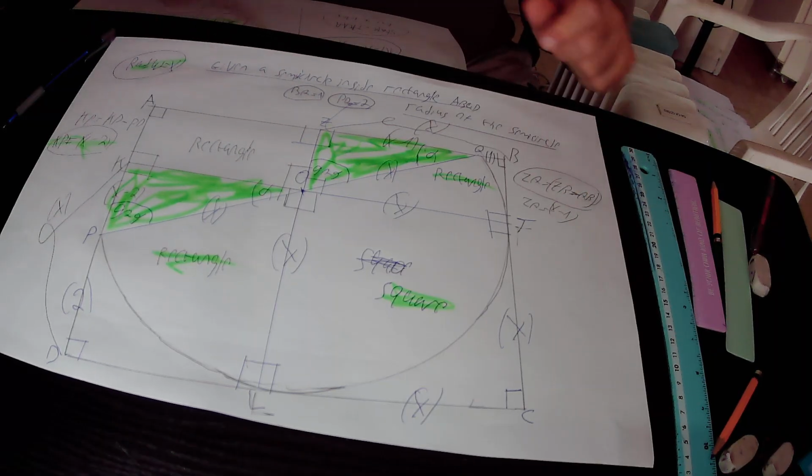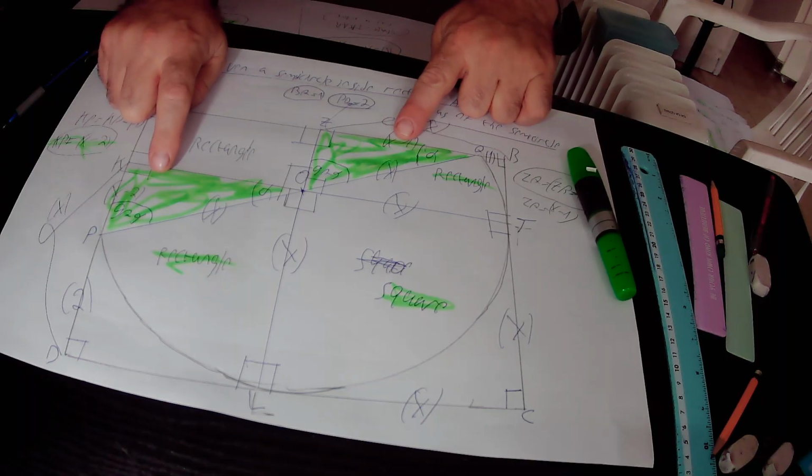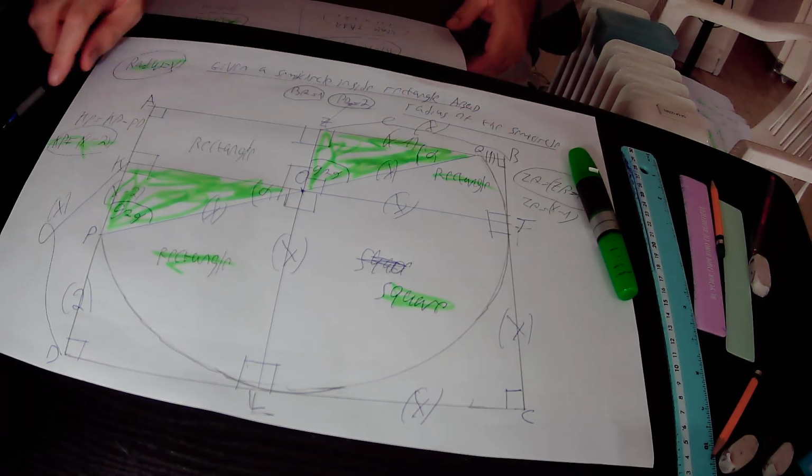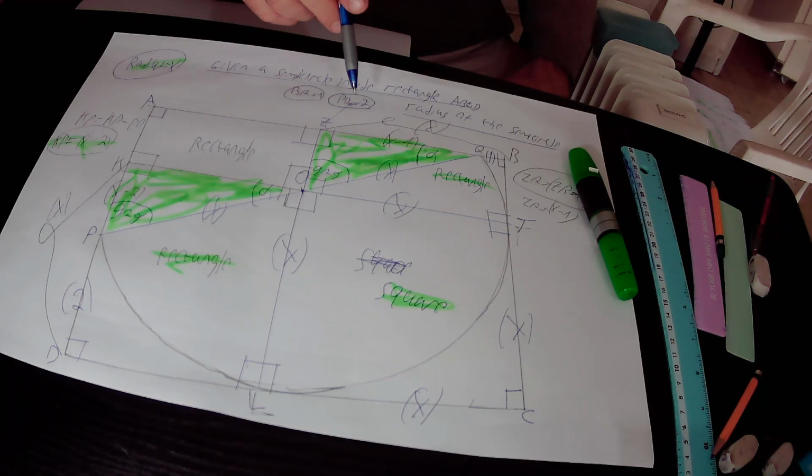So we will prove that those two green right triangles are congruent to each other according to the angle-side-angle rule. So now, we have to prove that this is the green right triangle ZQO.